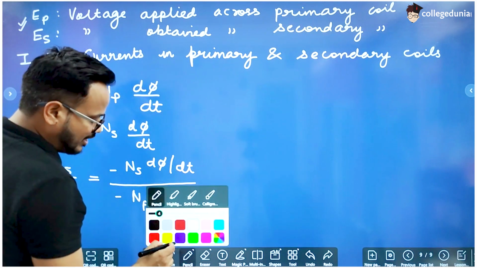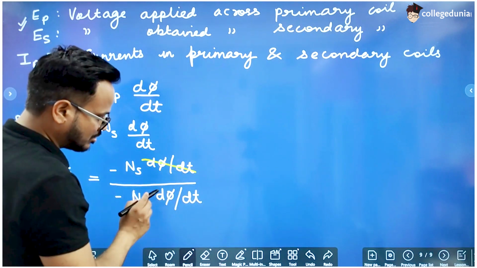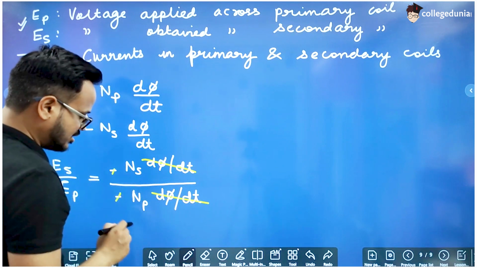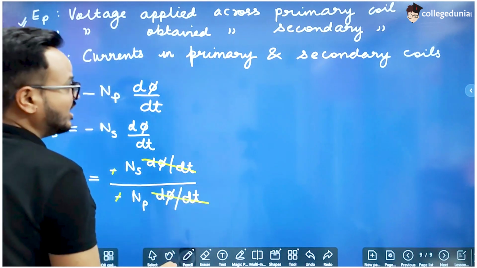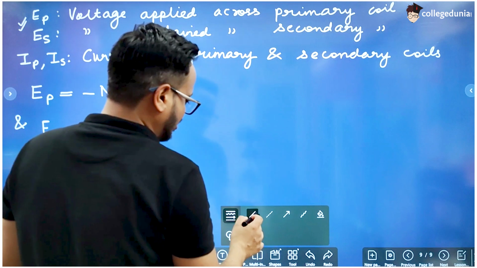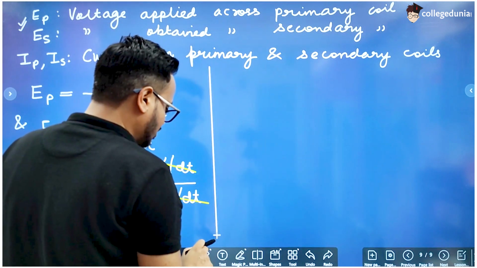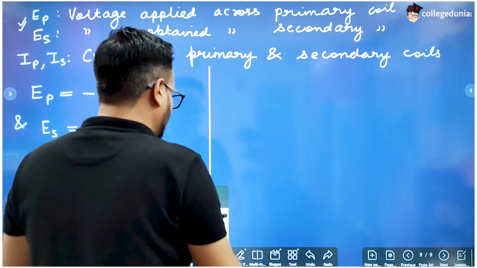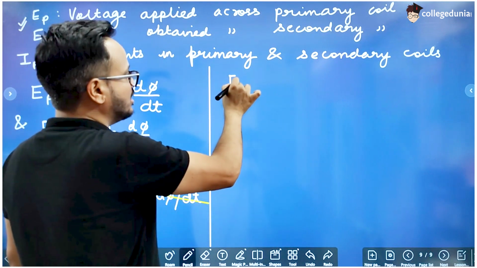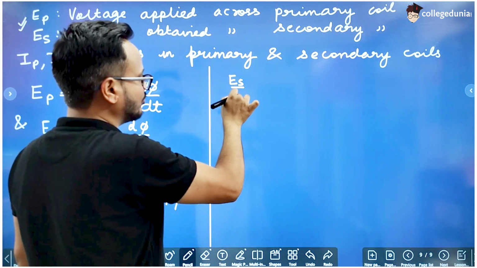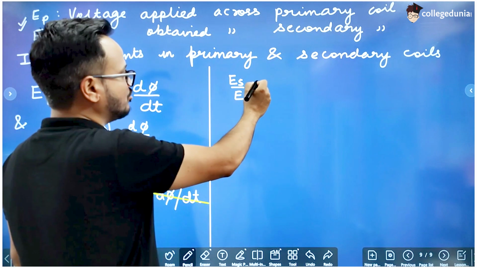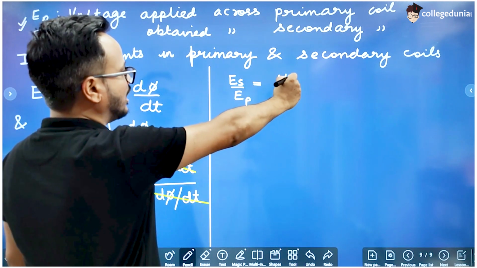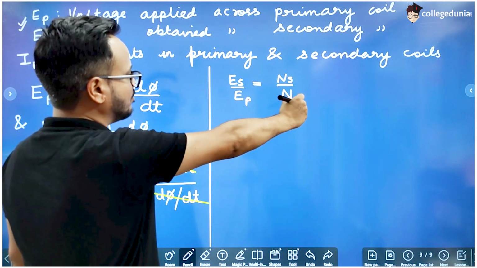So d phi by dt gets cancelled out, minus is also cancelled, and finally we get this equation on which the entire working of the transformer is based, and the equation is ES by EP is equal to NS by NP.